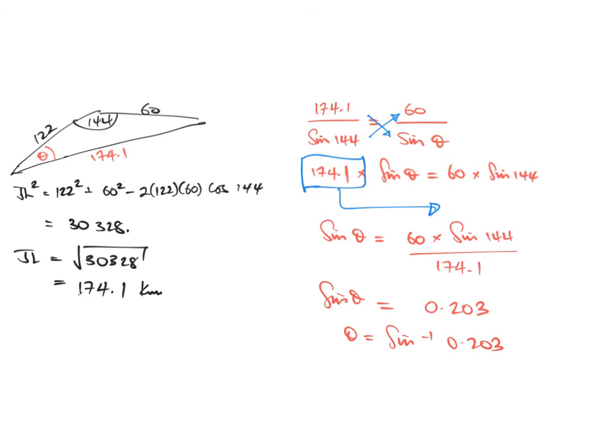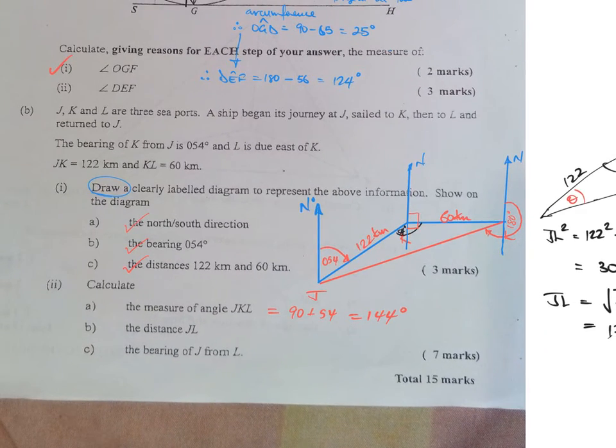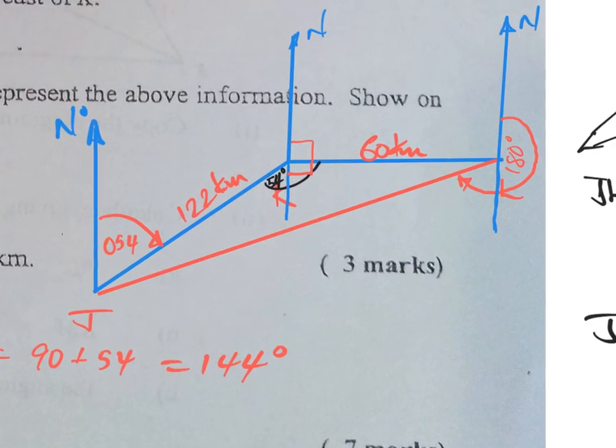I hope for this whole time your calculator was in degrees, because if it wasn't, that would be a problem. So sine inverse of that is going to give us the angle being 11.7 degrees. Nice.